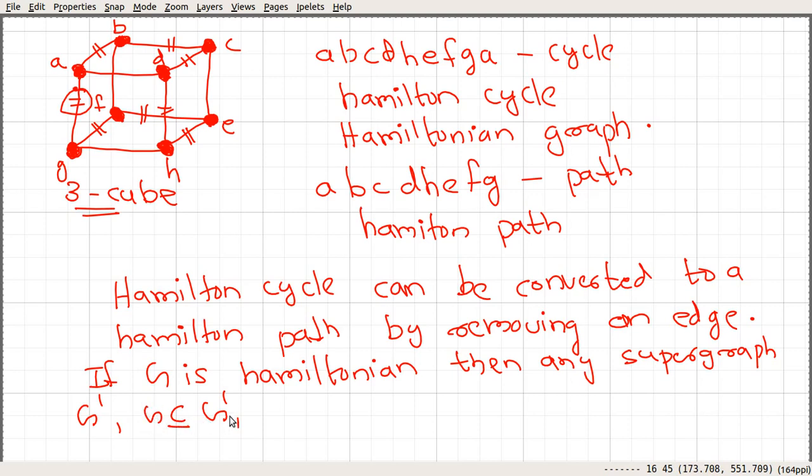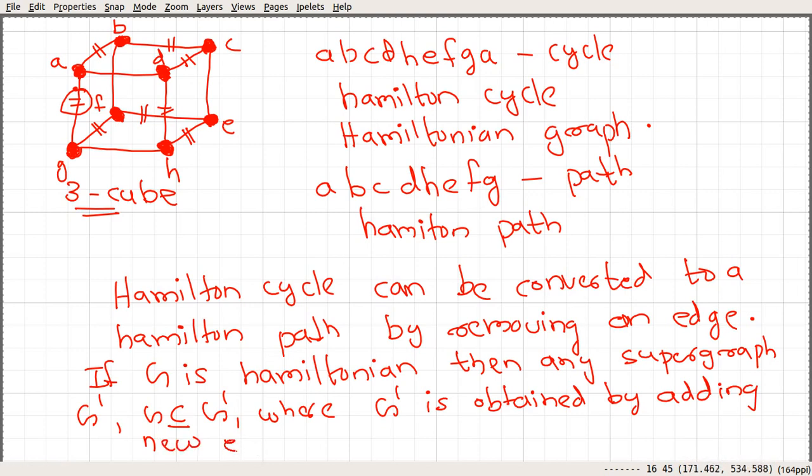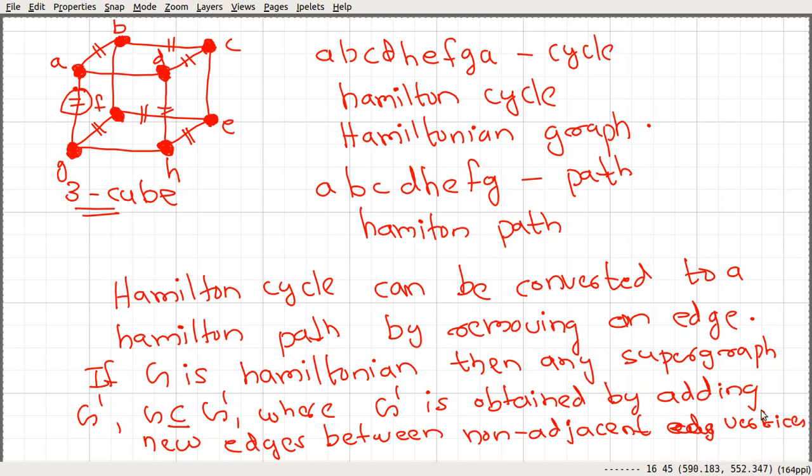Okay, so G is a subgraph of G dash, where this G dash is obtained by adding new edges between non-adjacent vertices of our original graph G. Then we can see that the new graph, that is the supergraph, is also Hamiltonian.